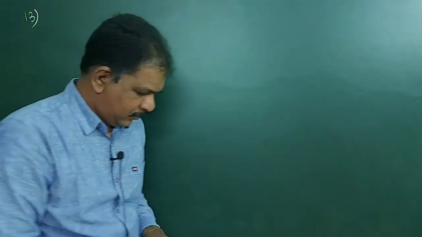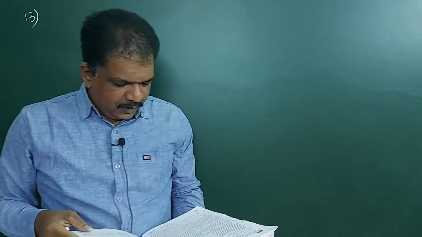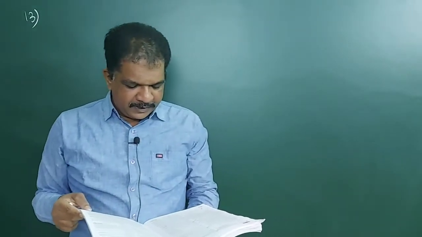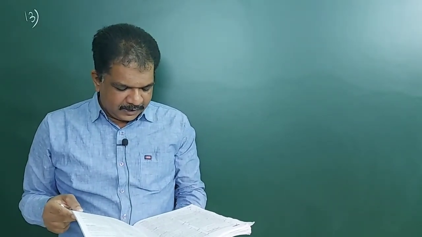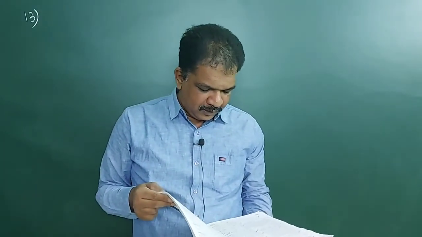What they are asking, see. A spring of force constant K is cut into lengths of ratio 1:2:3.